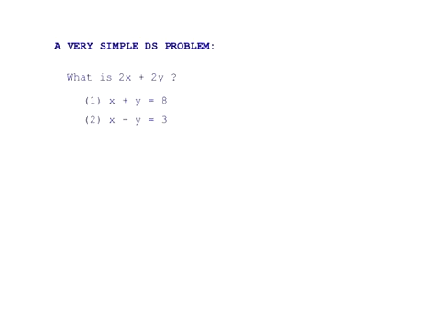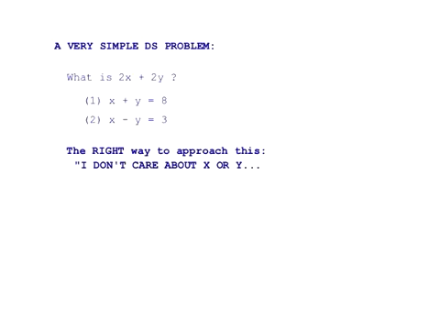Now there are two ways in which people could theoretically approach this. The right way to approach this is: I don't care about x or y because they are not the goal of the problem. I care about the goal of the problem, which is 2x plus 2y.